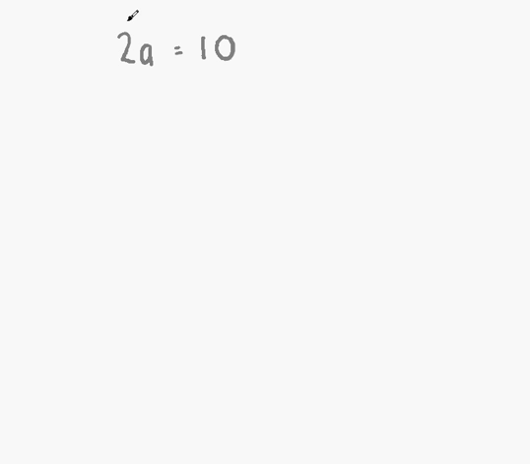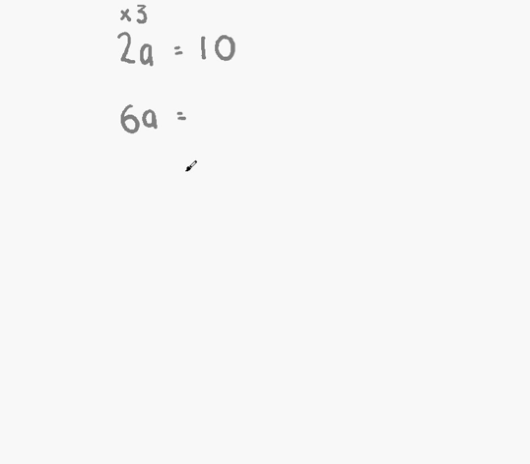If I were then to multiply this side of the equation by 3, that would then give us 2a times 3, which is 6a, or 6 apples. Now, do 6 apples cost 10 pence if 2 apples cost 10 pence?